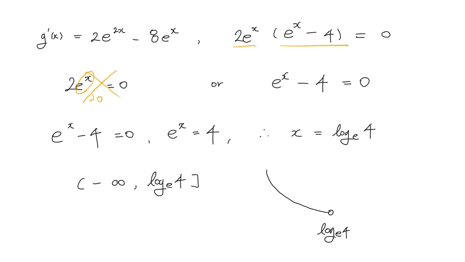So log e of 4 is a, but you could set the point a at this or this. But the question asks us to find the largest value of a. So a must be log base e of 4.